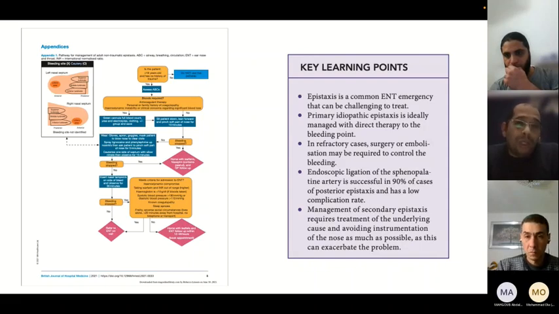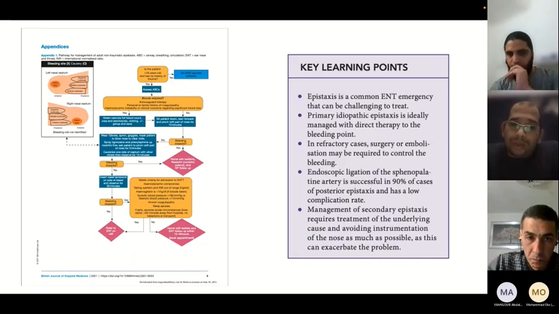We typically stop the anticoagulant for 1 or 2 days until we can control the bleeding. Then the patient can return to using it in consultation with the medical team. We also incorporate the hematology team in our management of such patients.